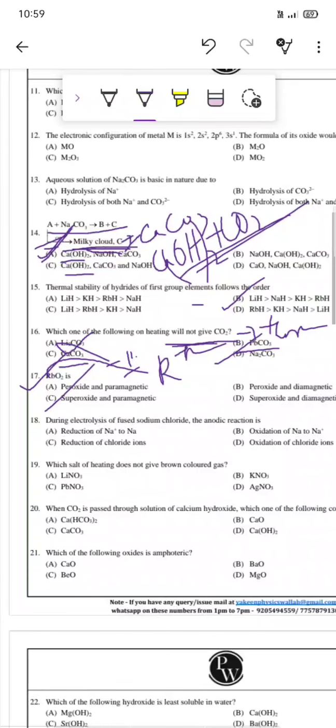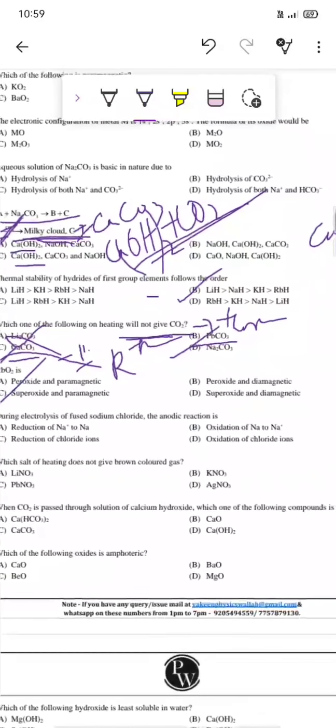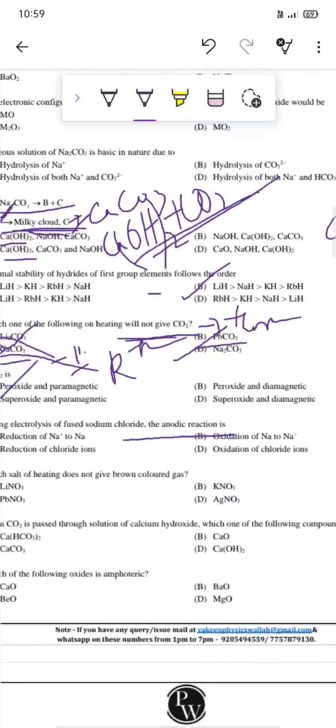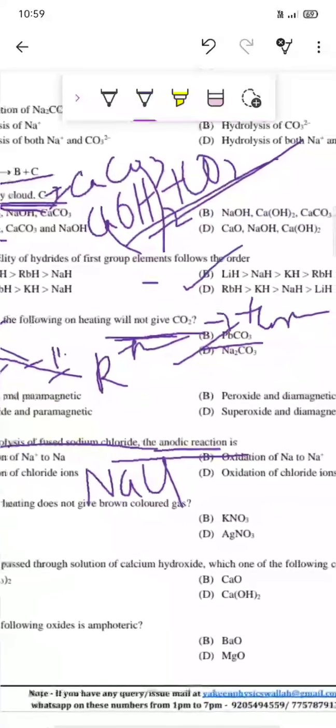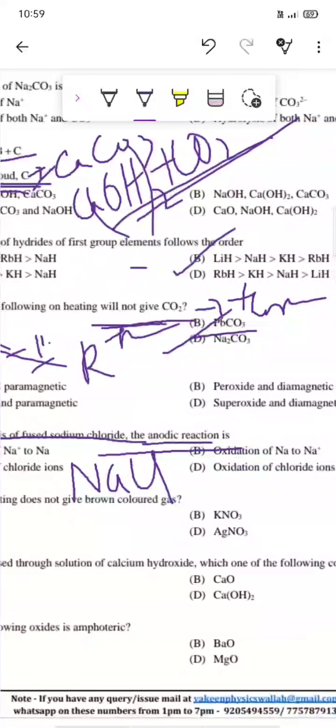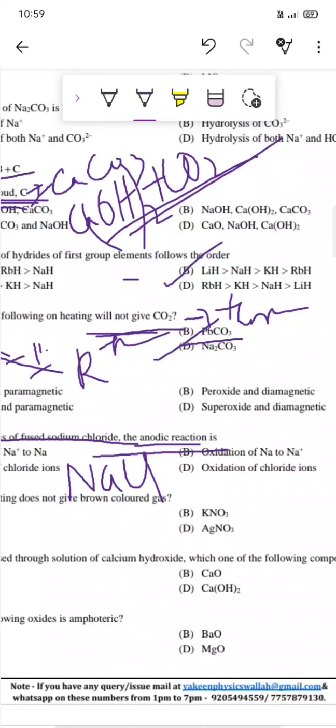Let's see. During electrolysis of fused sodium chloride, the anodic reaction is... it is anodic. Reduction of Na plus to Na. Anode.